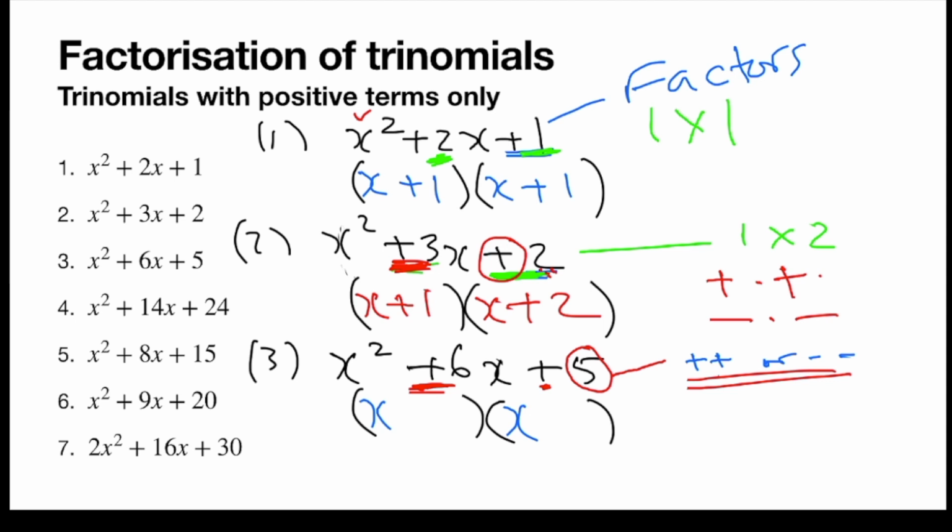Now give me the factors of 5. There are only 2 factors of 5, fortunately: just 1 and 5. Both should be positive, we said. Now, do they give us 6 when we add them? They do. So we put a positive 1 here and a positive 5 there.